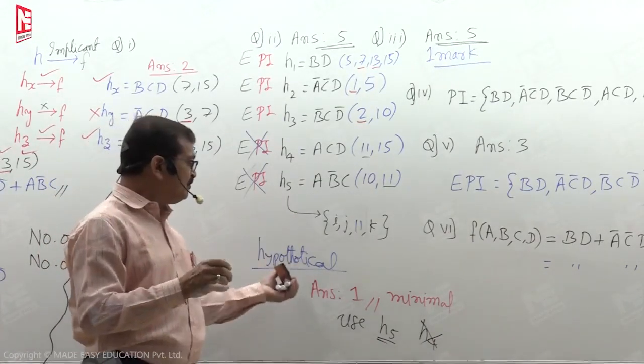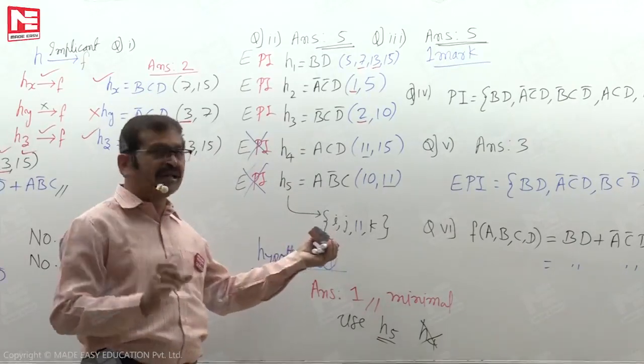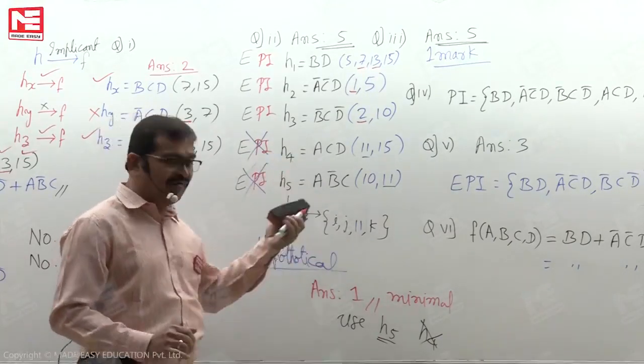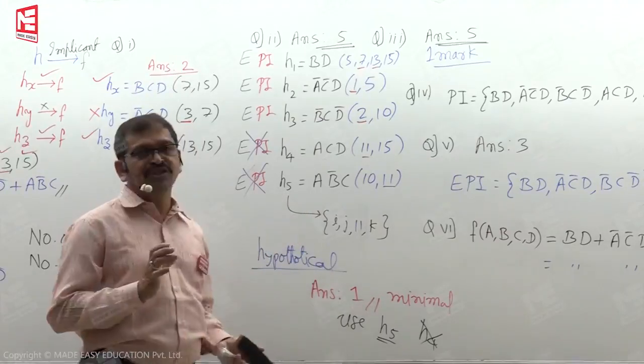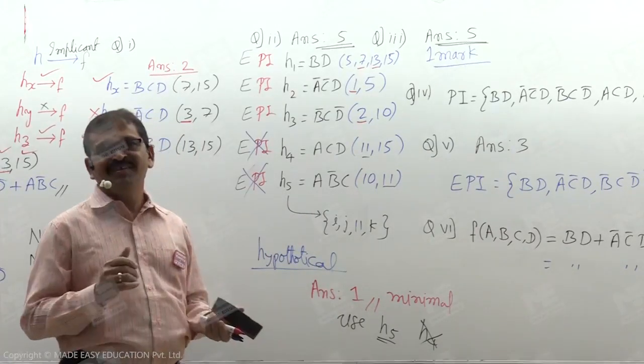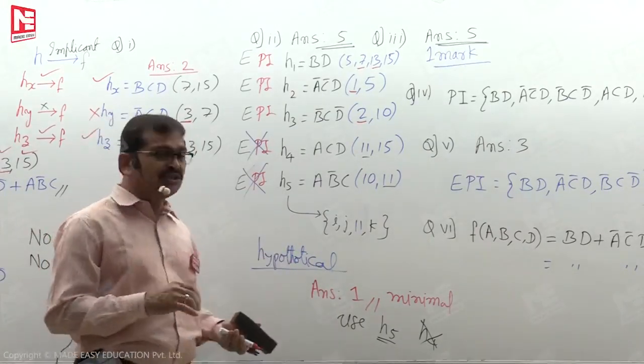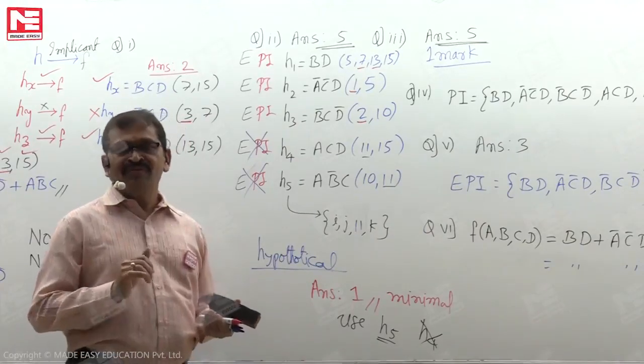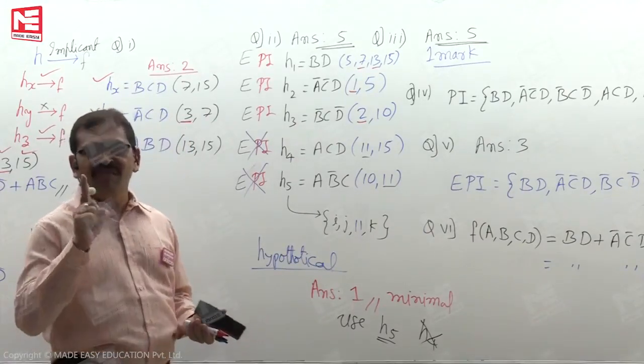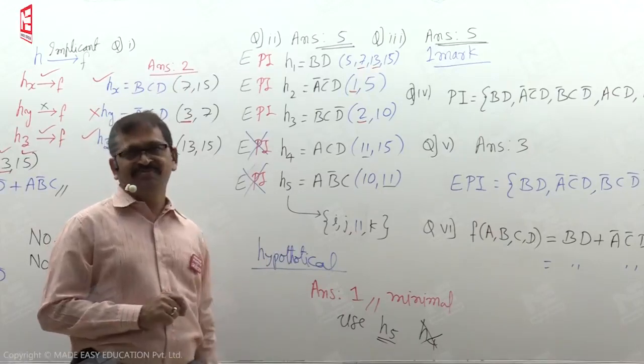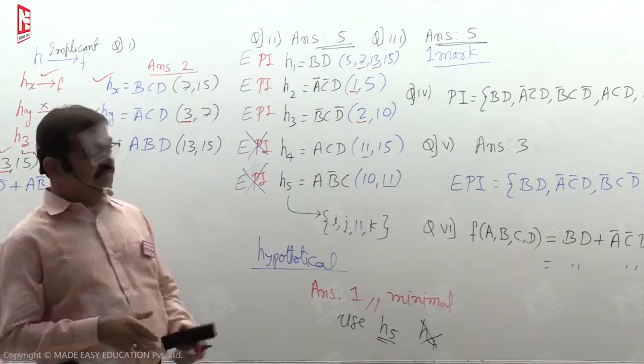In this hypothetical situation, H5 has fewer literals than H4 to cover 11. That is the reason we choose H5. If this hypothetical situation is true, the answer will be only one for this function.